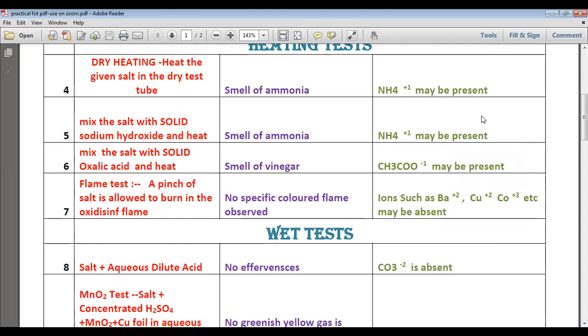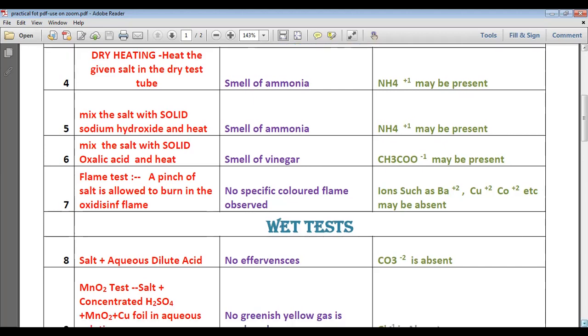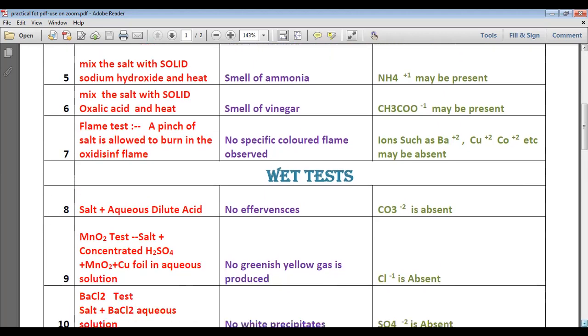We can confirm this by denying the possibility of other positive and negative ions in this salt. So we need to perform a few more tests, so that we can come to know that the other ions are not present, but these ions only are present.